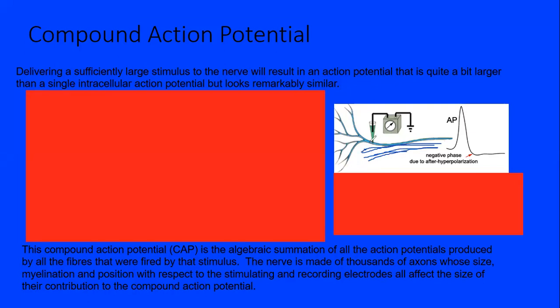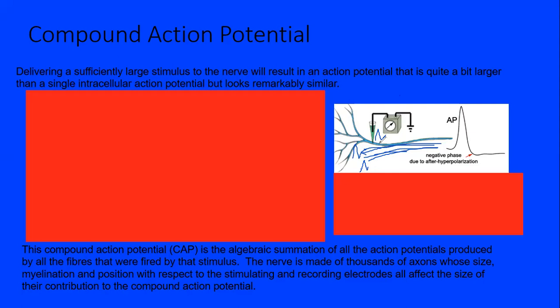This one will generate its own action potential, the depolarization and hyperpolarization. This one will also generate its own action potential, and the third one the same. So what are you going to be reading in this voltmeter?